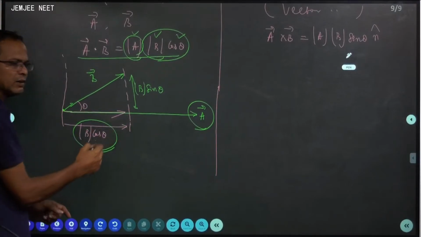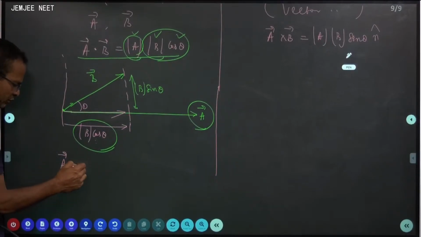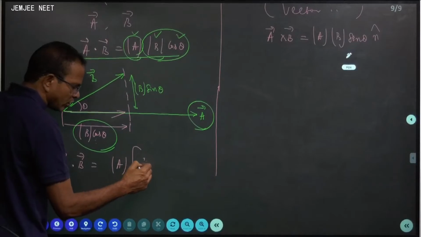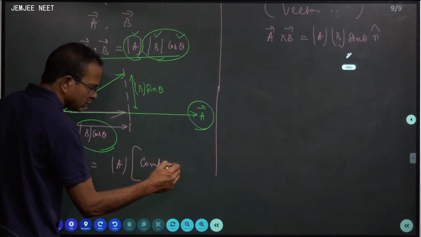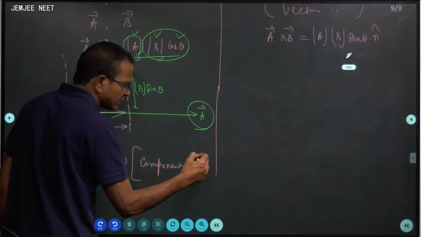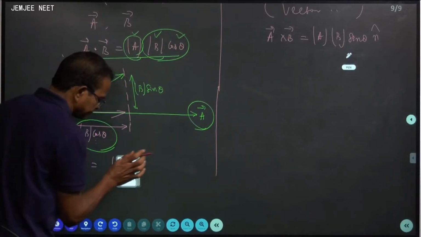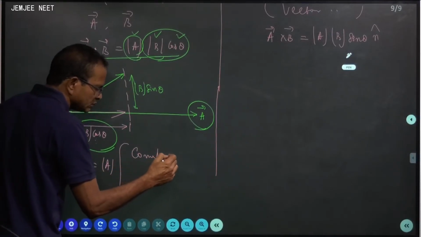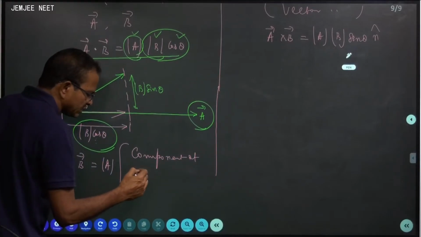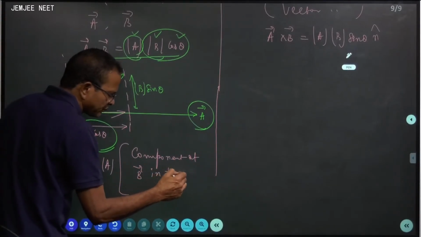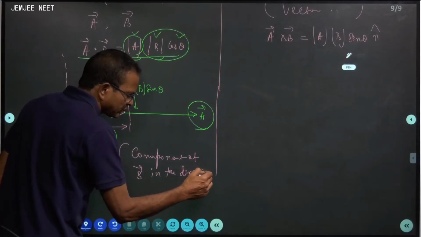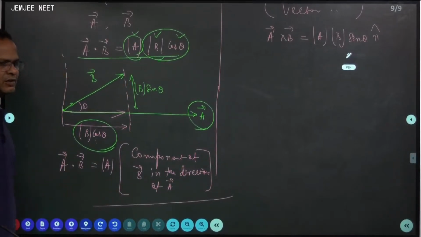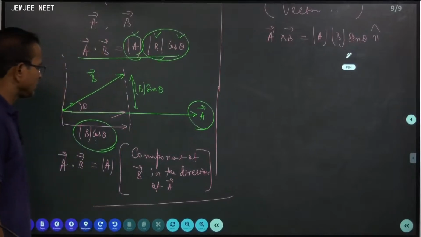In the direction of A. Once again, A vector dot B vector is multiplication of A modulus with the component of B vector in the direction of A vector. Do you understand? That is what is called dot product.